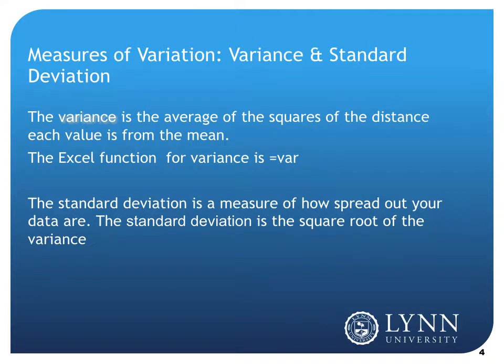The standard deviation is how spread out your data are. It's calculated as the square root of the variance, which is one way to do it. It's also available much faster and easier by just using the function in Excel equal STDEV, equal standard deviation. And using that, you'll be able to quickly calculate the standard deviation.